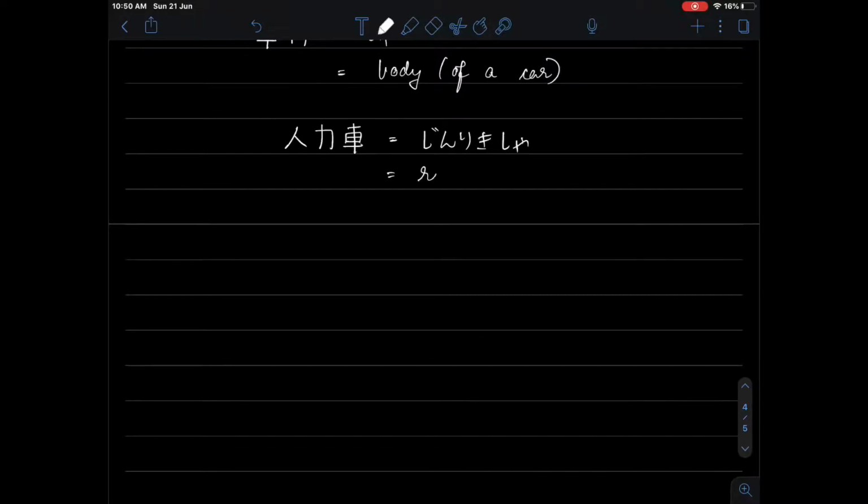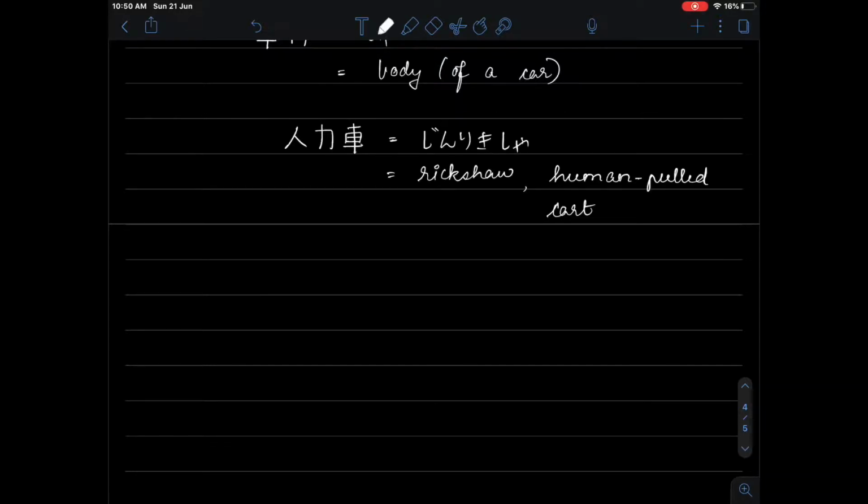Jinrikisha, which is rickshaw. I hope you can see rikisha, rickshaw. It's very close. It's not too hard to imagine what it could be. So you can think of it as human pulled cart.